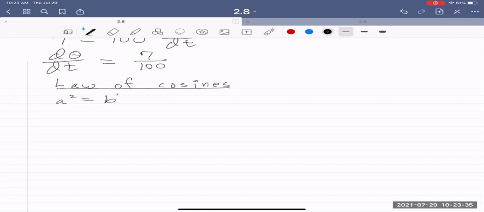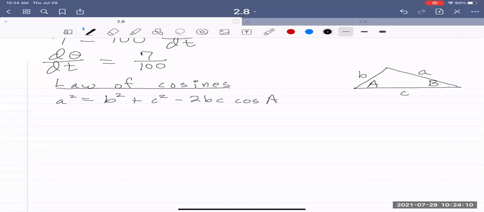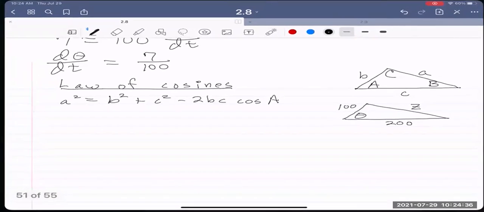A squared equals b squared plus c squared minus 2bc cosine of A. So let's say A, B, C. In this particular case, we have z, theta, 100 and 200. So those are things that are fixed.